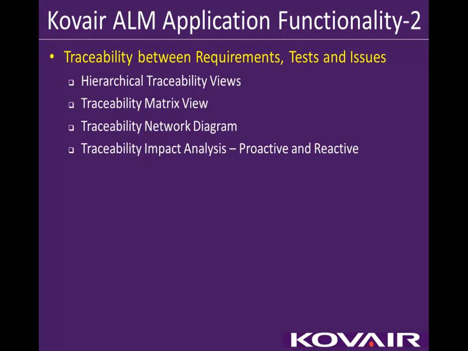So Kovair has extensive traceability with a lot of tools we provide to create and manage those traceabilities, with the traceability view, matrix view, network diagram, and you can do traceability impact analysis between any two entities basically. And this traceability also includes the traceability between your user stories and the Subversion files, for example.